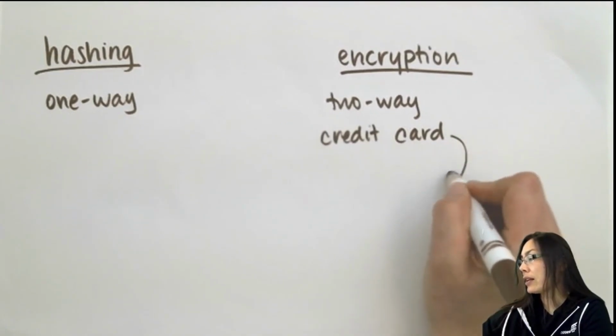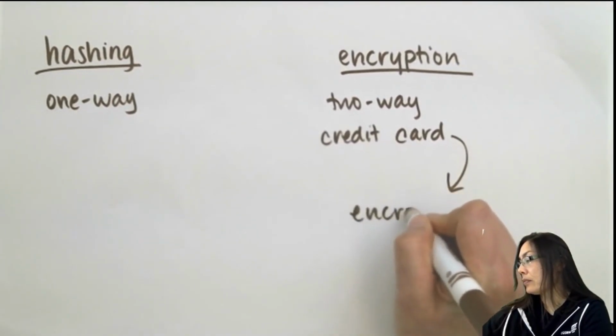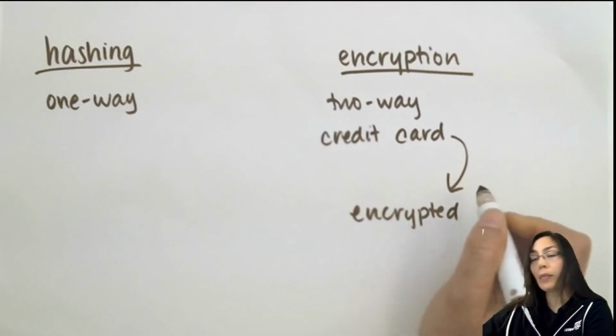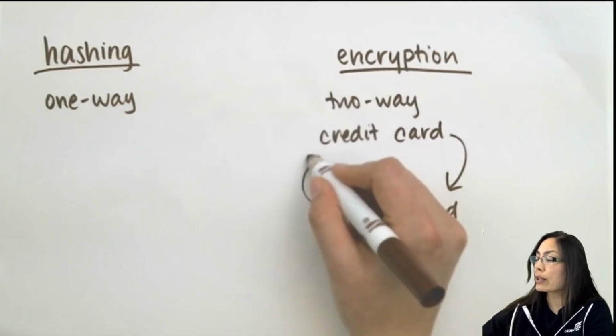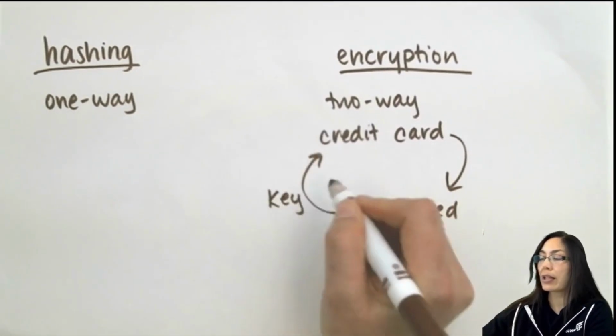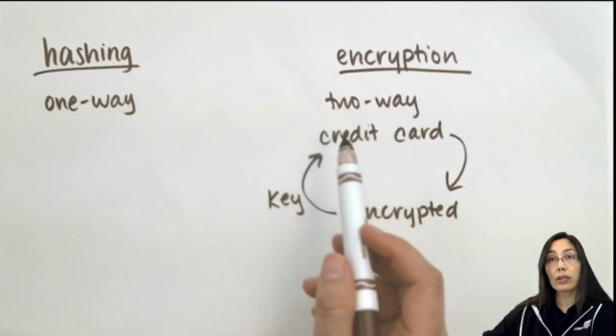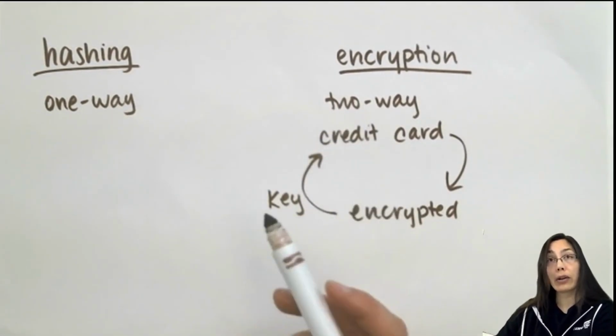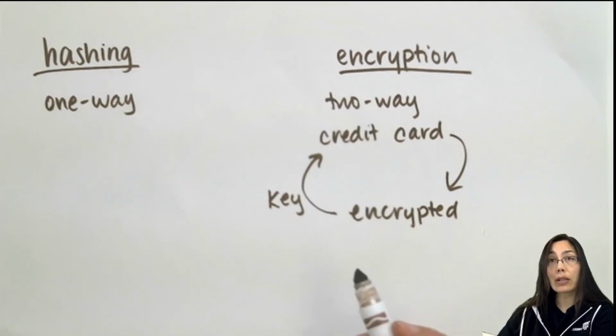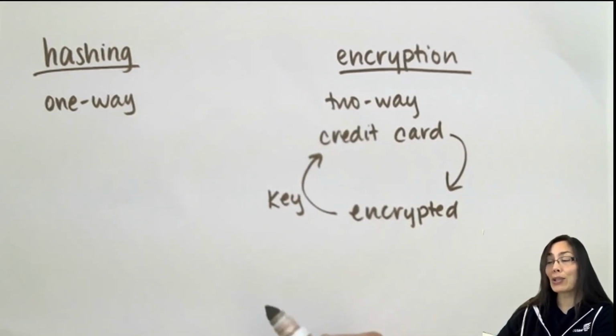So the credit card data gets encrypted, and then it can be turned back into the original credit card information, but only if you have the encryption key. So it takes the key in order to take that encrypted data and turn it back into credit card information. So that's what encryption is, but we don't want to do this with passwords.